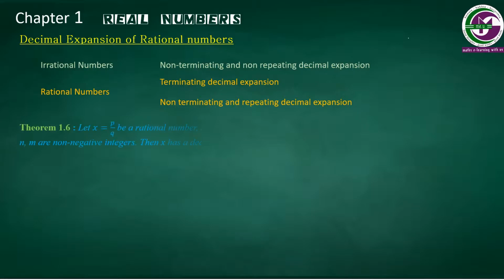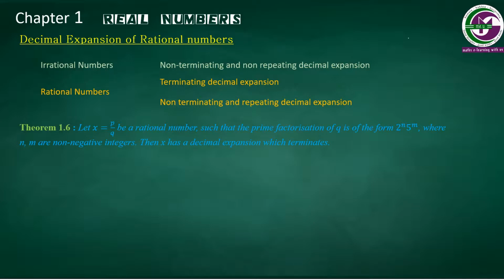So for that, we have Theorem 1.6. Let x equals p by q be a rational number such that the prime factorization of q, that is the denominator, is of the form 2 raised to n times 5 raised to m, where n and m are non-negative integers. Then x has a decimal expansion which terminates.